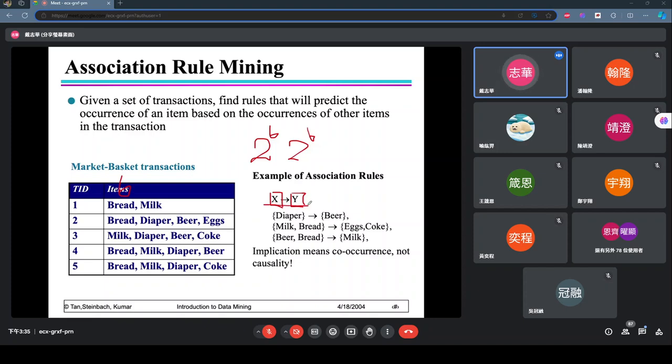So there could be this many association rules.